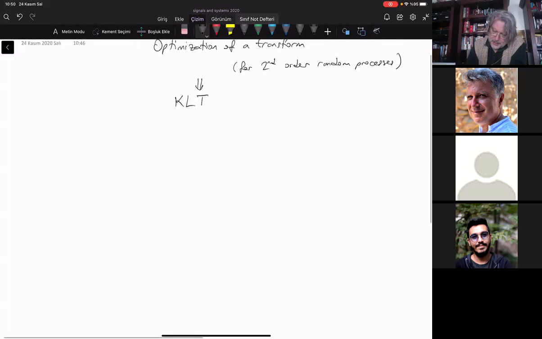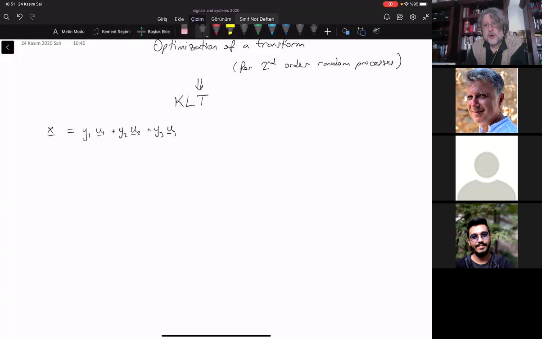The idea is as follows. We have a vector, which is a signal, a finite signal of length, let's say capital N, a signal vector, which can be represented using some basis in this form: y1 u1, where u1 is the first basis vector, plus y2 u2, plus y3 u3.